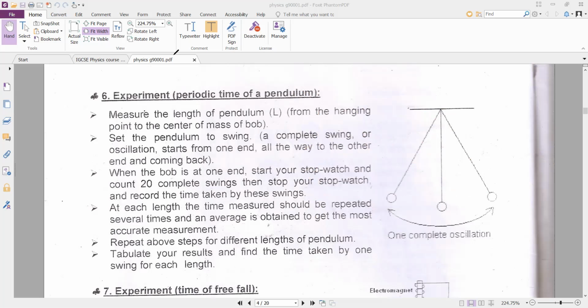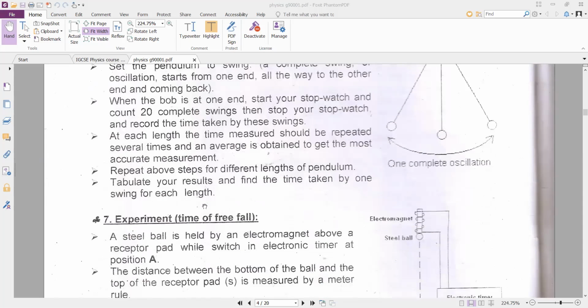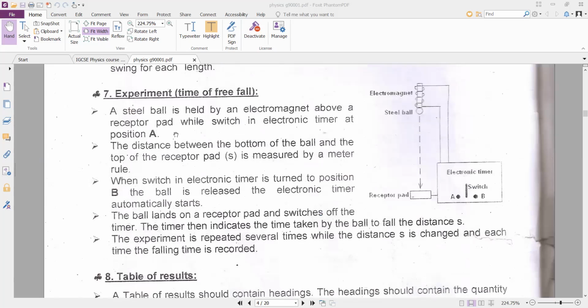This is another experiment, with the electronic timer. The electronic timer depends on light, a laser beam, a sensor beam, or a magnetic beam. They use a steel board with a coil inside.